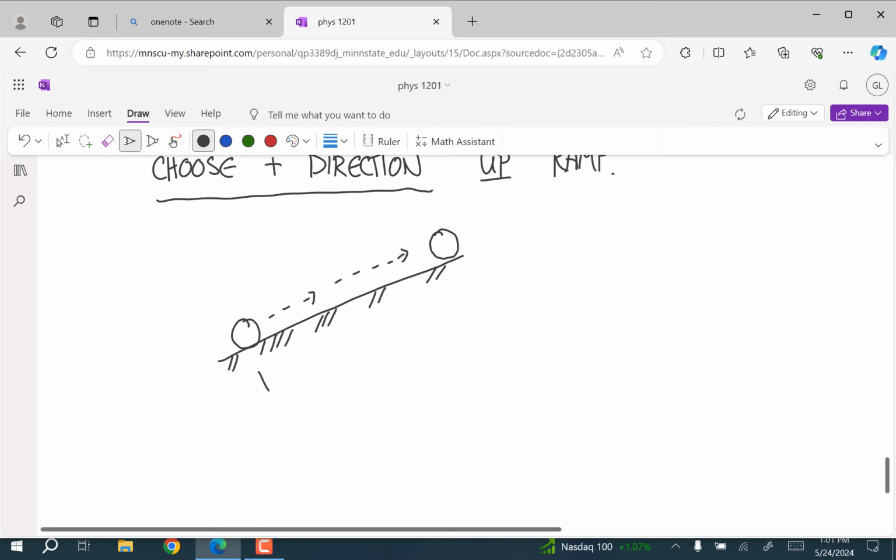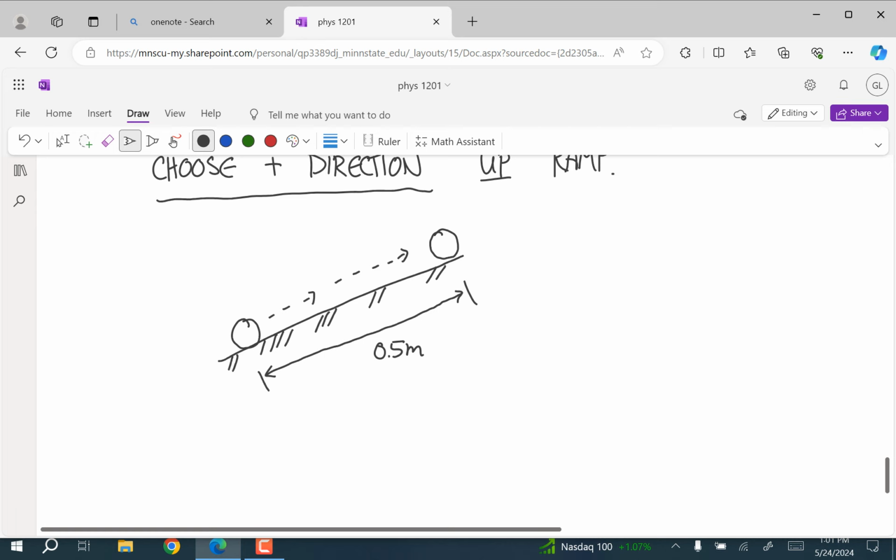That's the highest point, and we're told that these two are 0.5 meters apart. And then the ball's going to roll back down.